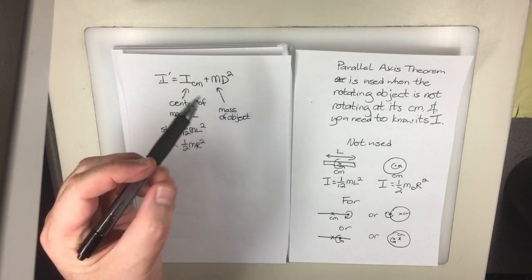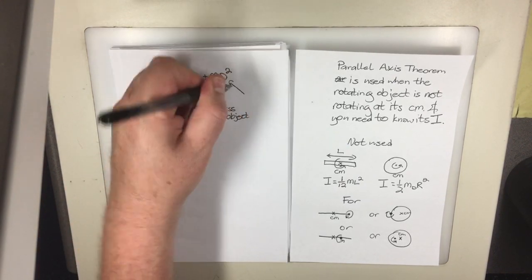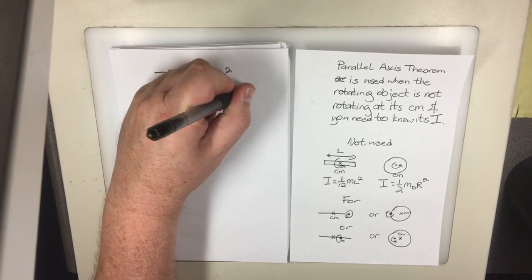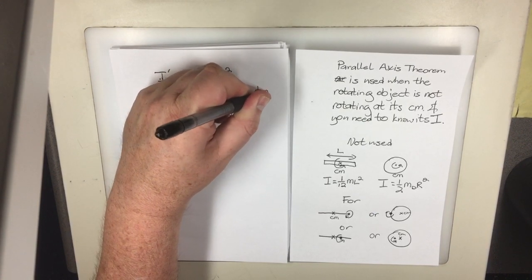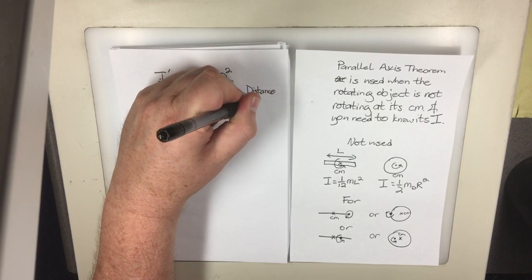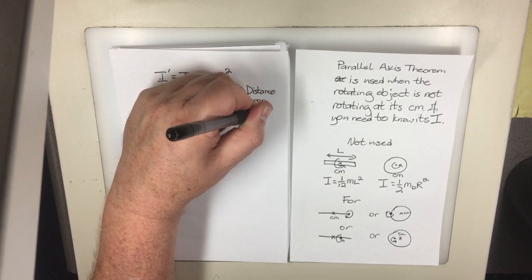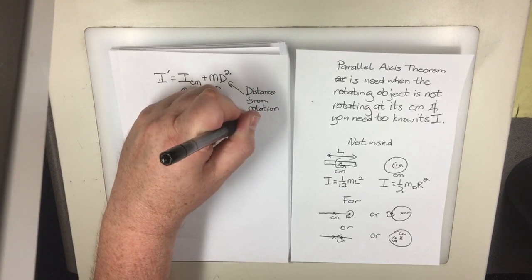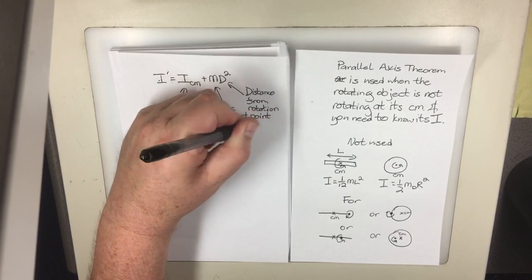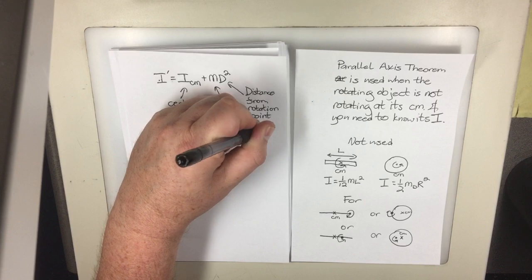Now, that's the mass, and d is the distance from the rotation point to the center of mass.